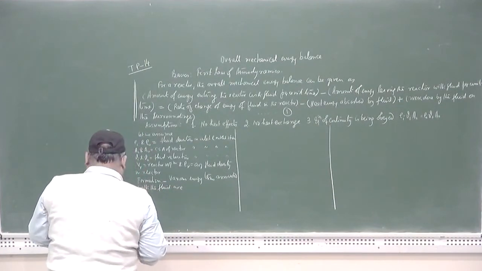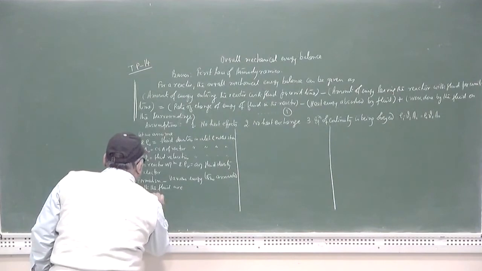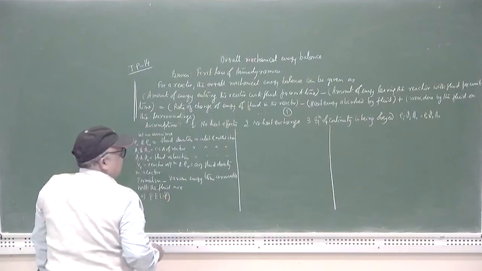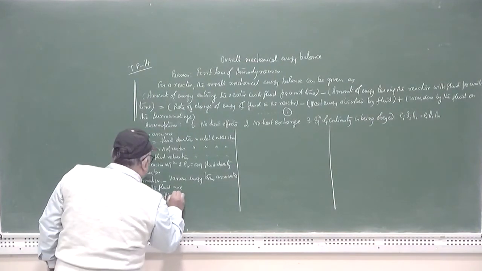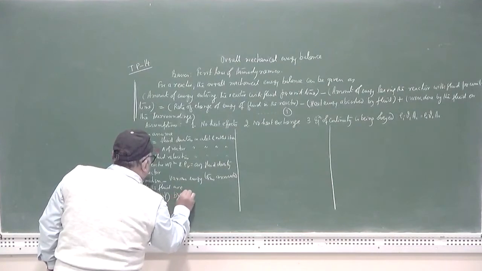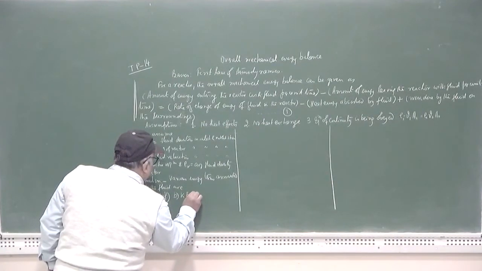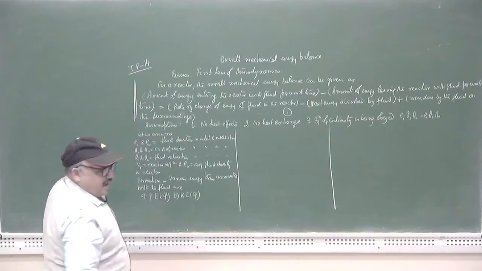Number A, the potential energy. It will be denoted by the Greek letter psi. Number B is the kinetic energy. It is denoted by another Greek letter phi.